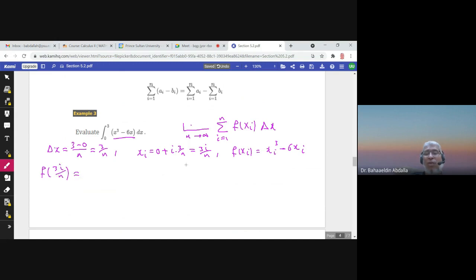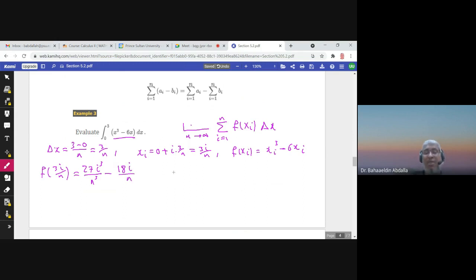It would be (3i over n) cubed, which is 27 i cubed over n cubed, minus 6 times 3i over n, 18i over n.